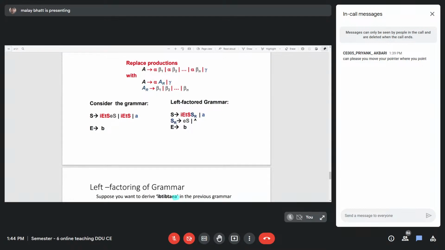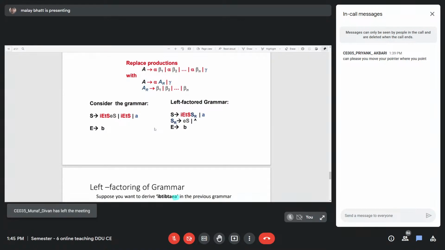We'll take the alpha common, so IETS alpha, and introduce a new non-terminal, SR. Now for SR, we'll write beta 1, which is ES, or beta 2, which is null, and E gives B.